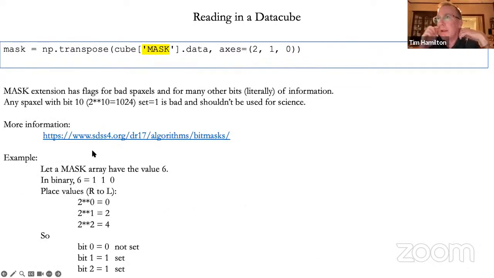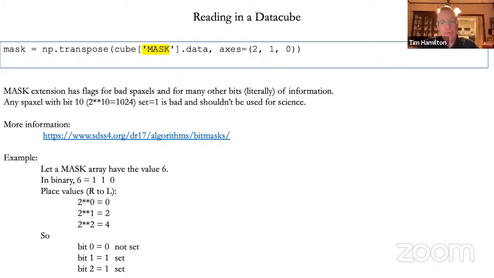Okay. Now, then we've also got the same thing with a mask array. This is a great feature of all kinds of professional observatories. In other observatories, it may be called a data quality array.